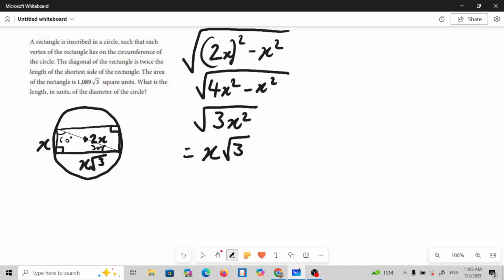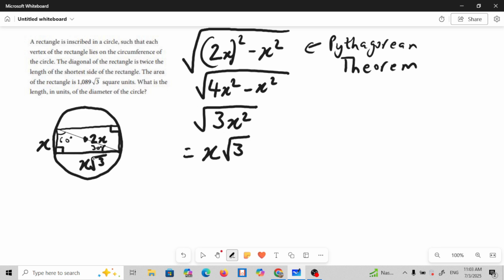And this side length right here is going to be this particular side length multiplied by square root of 3, because it's opposite the 60 degree angle, which is what we have here. And we also calculated it using the Pythagorean theorem over here.